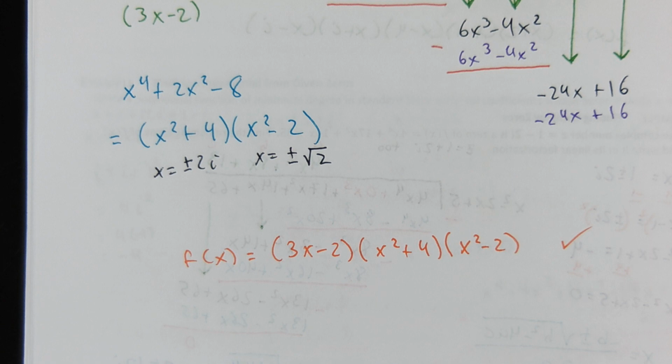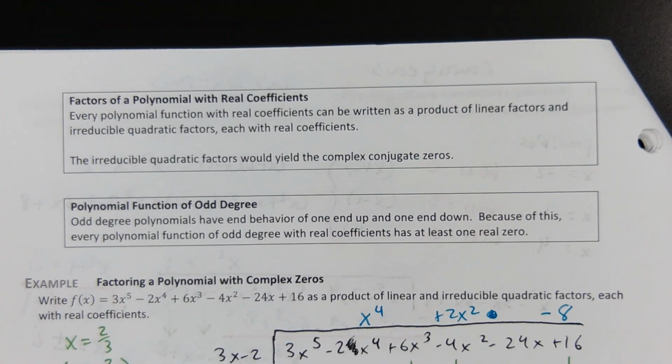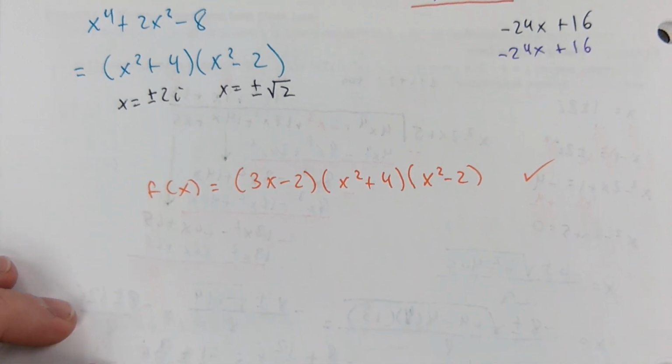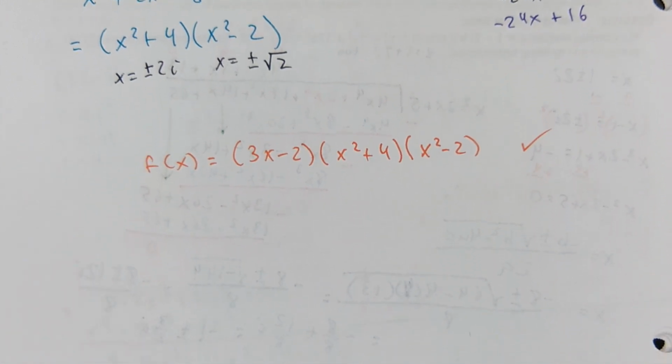But something really interesting just occurred. That was never in a box anywhere, meaning one of these boxes. The reason why complex answers come in conjugate pairs is because at some point you're taking the square root of a squared x, which creates a plus or a minus, and that's what makes it the conjugate.